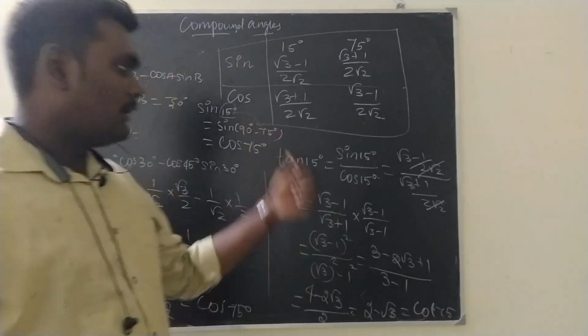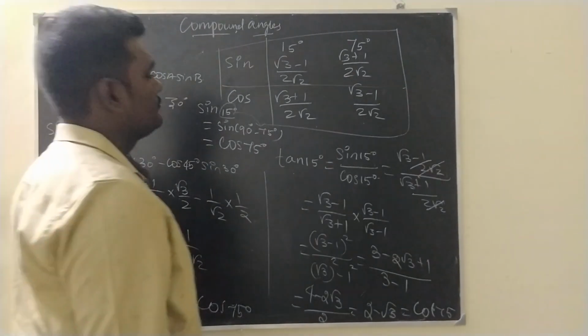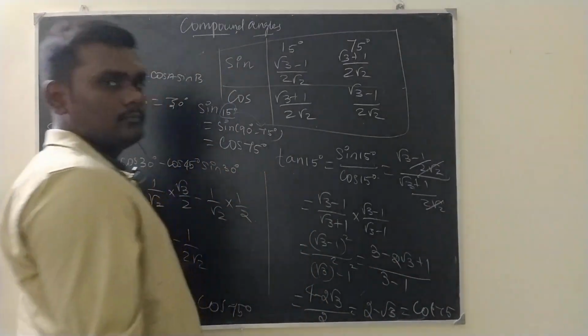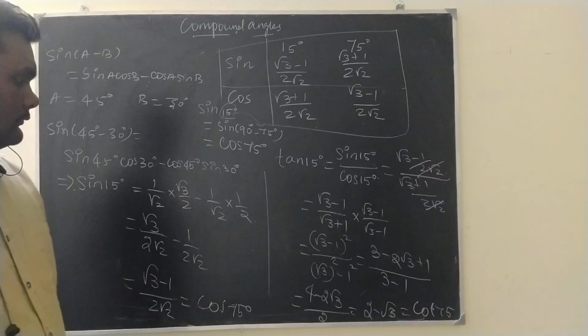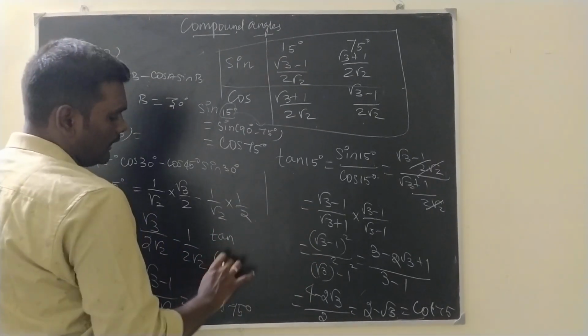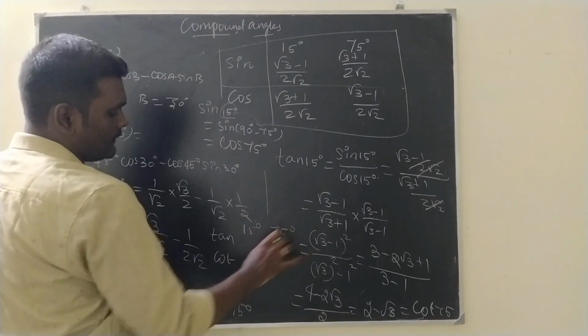Write everything down. At last we will make one table. Here I will make the table. Tan and cot of 15 degree and 75 degree.